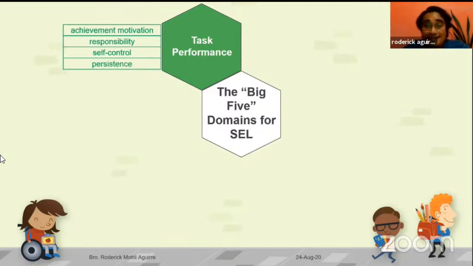Next would be persistence. Kids knowing what they want to do, because the tasks provide them with success. Balik pa tayo sa achievement motivation. So by allowing our kids to analyze what they can do and what they cannot do, or what went wrong or what went well, you're developing among our students persistence, that the next time around I will do a better job because I know now where I need to improve.